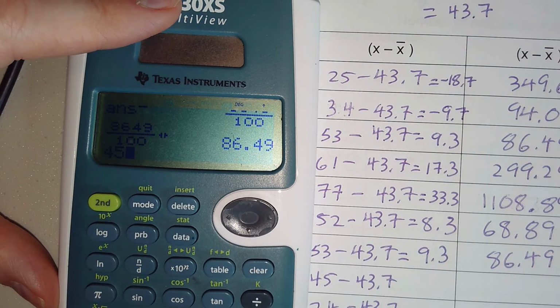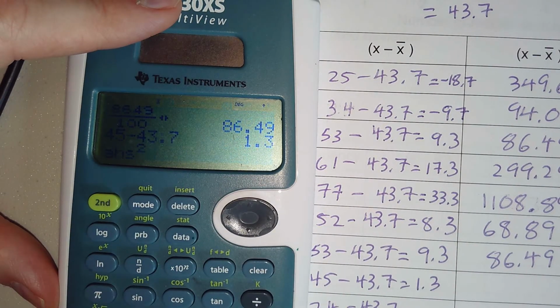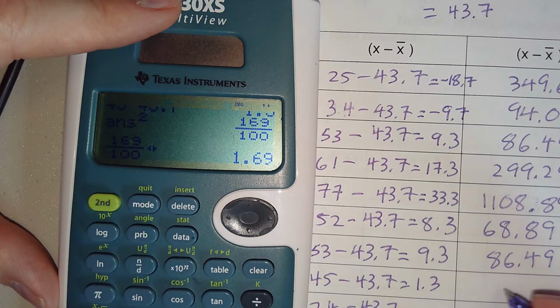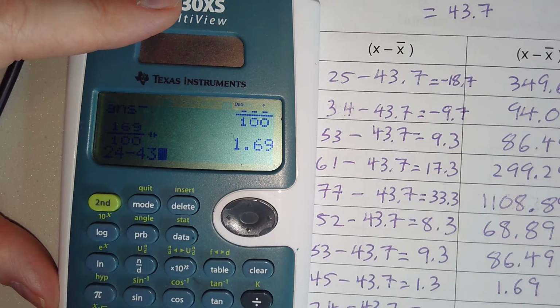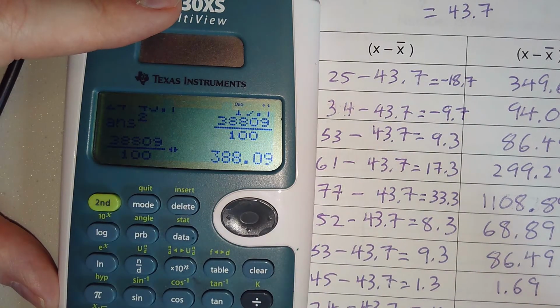45 minus 43.7 is 1.3. We're going to square that. That'd be 1.69. And then we're going to do 24 minus 43.7. It's negative 19.7. Square that. So that's 388.09.